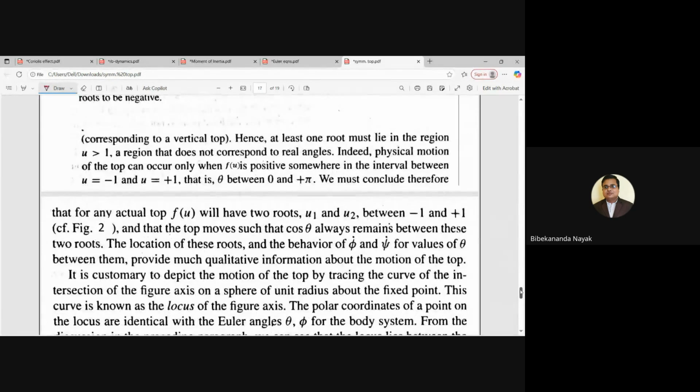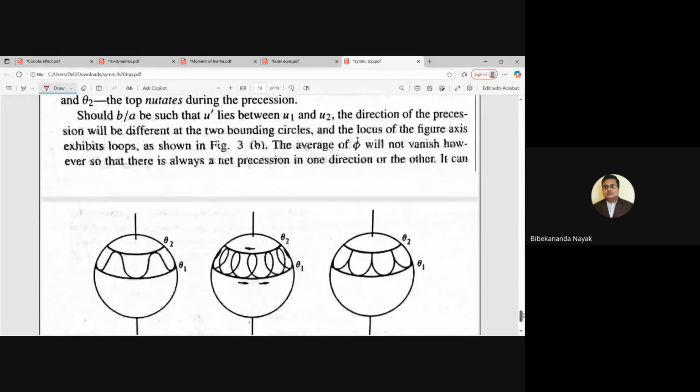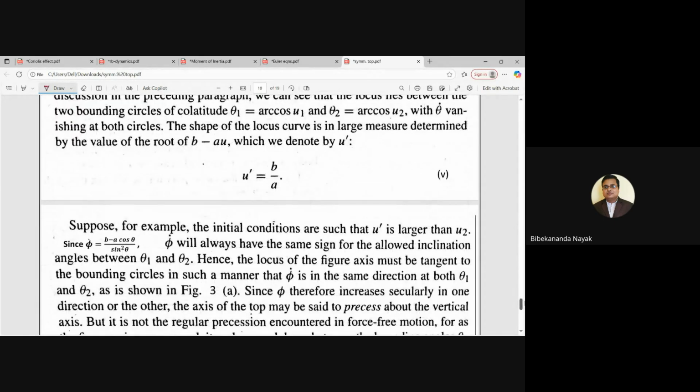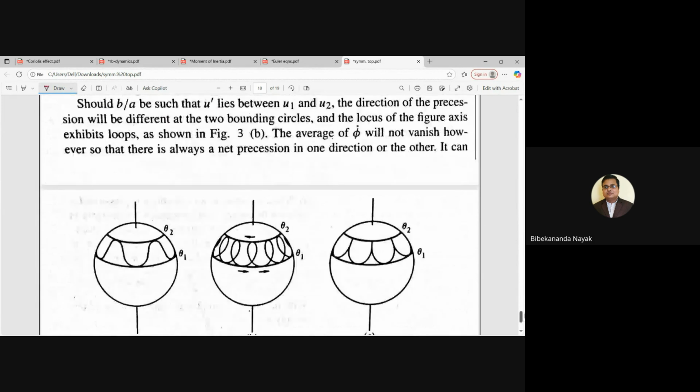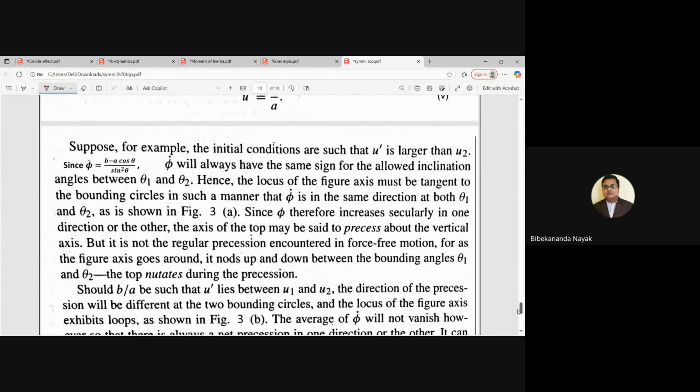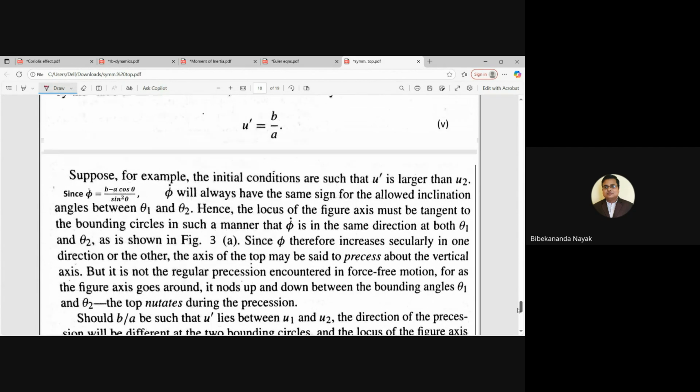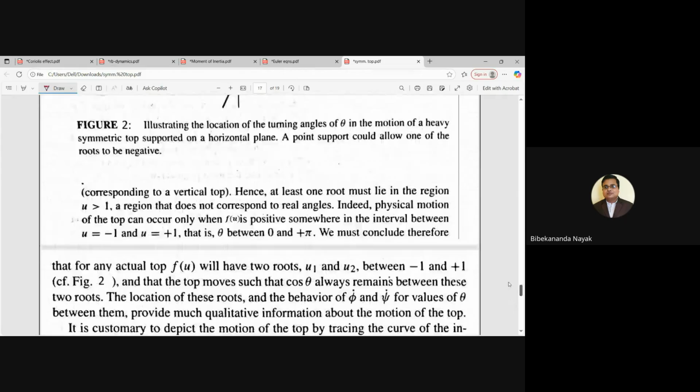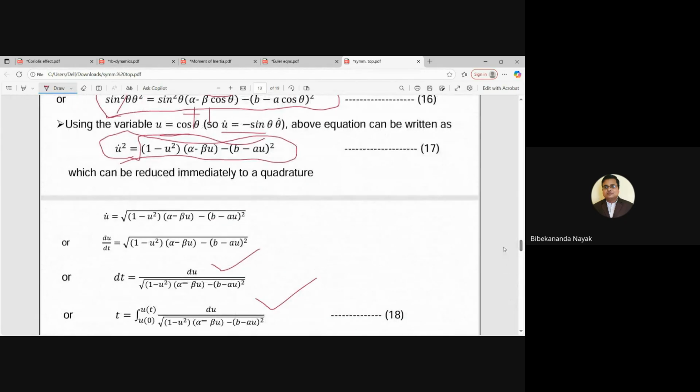Besides this, you can also predict the motion of a heavy symmetrical top. There are three types of motion: nutation, precession, and rotation. Rotation means motion about one axis, so the top is rotating about one axis. Precession means it rotates about the vertical, a tilting motion.